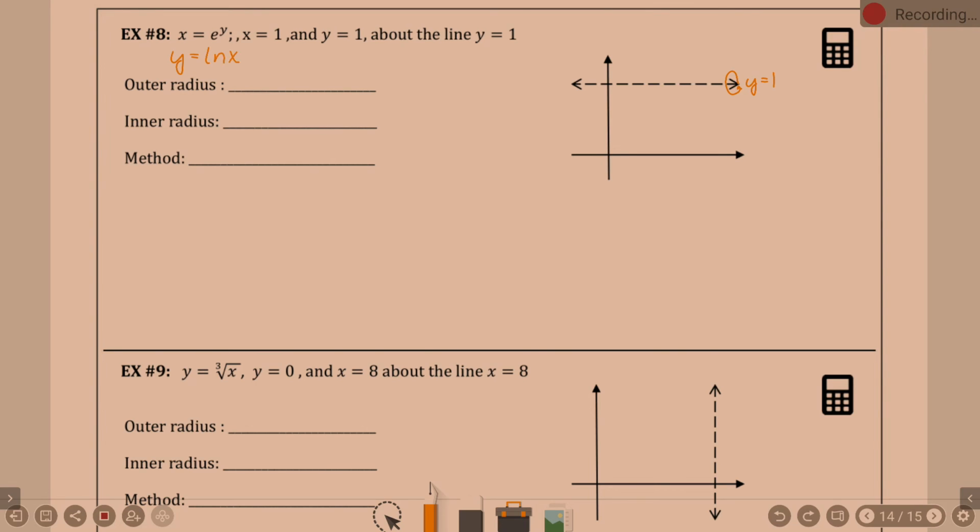Because natural log of x equals natural log of e to the y, and remember, natural log base e of e, those just cancel and we have y, right? So y equals natural log of x.